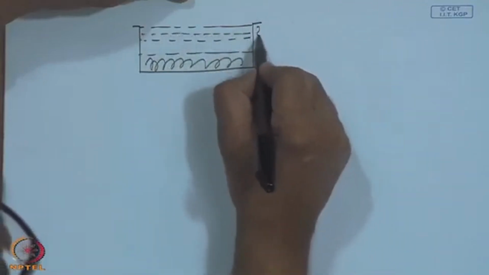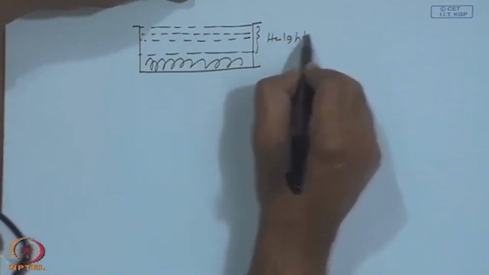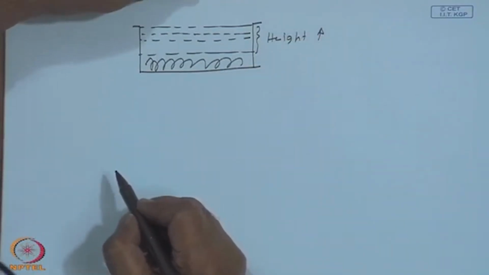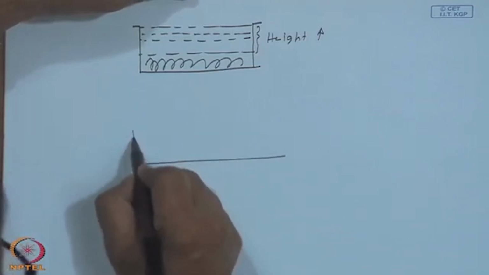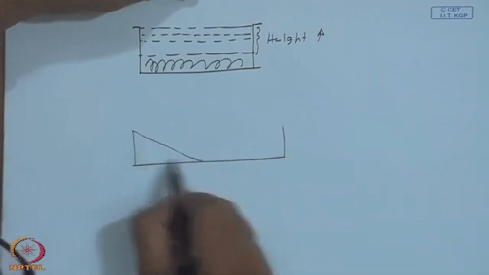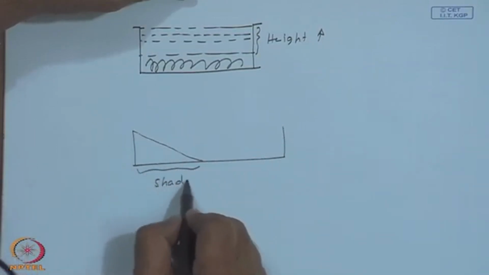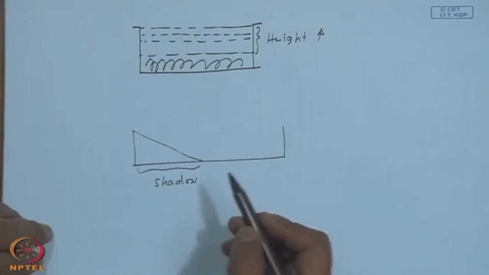Now, with this height, the sun's altitude keeps on increasing, and when it is not due south, this box will cast a shadow, which could be significant even if the collector is facing due south.